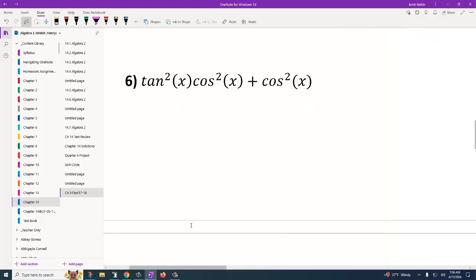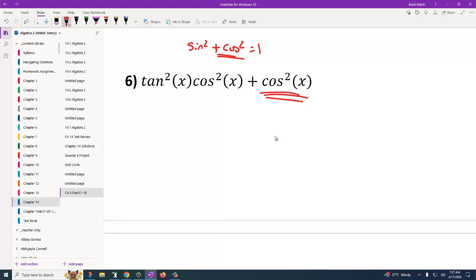About halfway done. Number 6, I see the squared values, I see addition, so it's telling me there's something Pythagorean going on here. However, when I look at my Pythagorean identities, I see things like sine squared plus cosine squared equals 1. I can see the plus cosine squared here, but where's the sine squared? I don't have it.